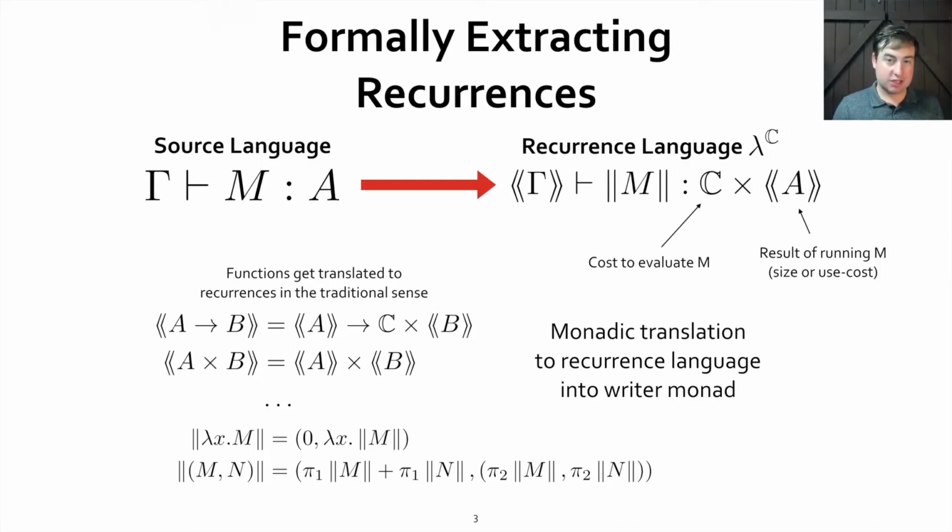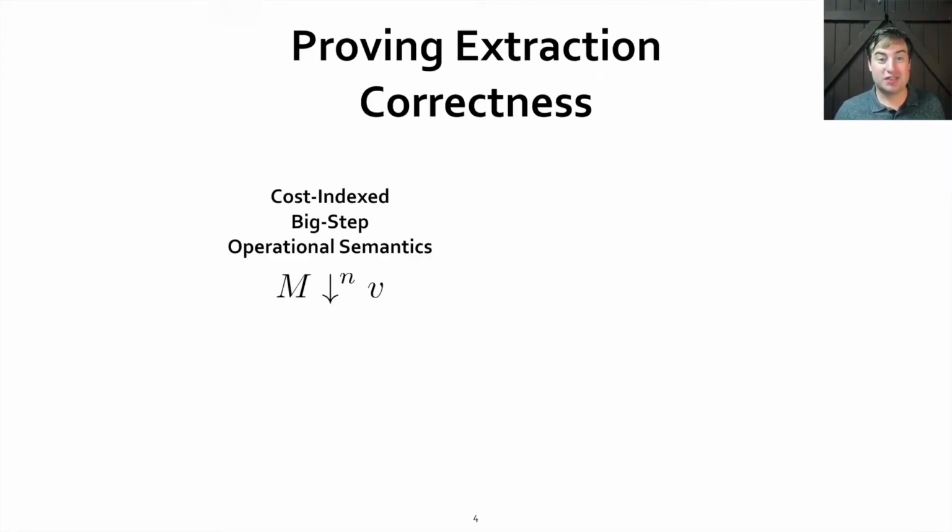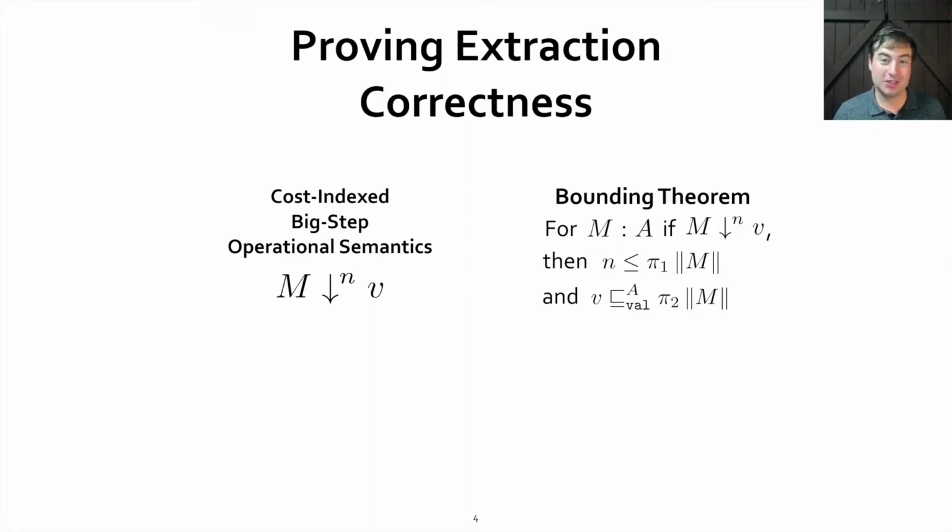So we've extracted recurrences from the source language into lambda C, and now we need to prove that this extraction procedure is correct. Otherwise, all of this is no better than just extracting recurrences the old informal way. So the first step here is to fix an operational semantics for the source language, which is indexed by execution cost. You can read this judgment as M evaluates in n steps to V. And then we prove the following theorem using a logical relation.